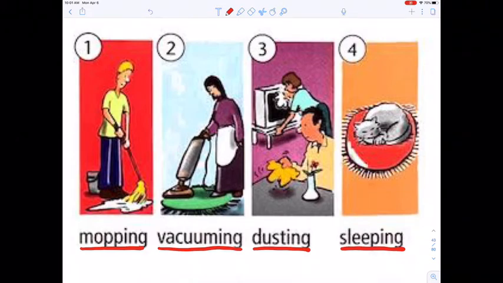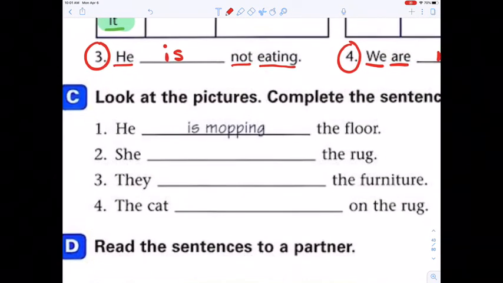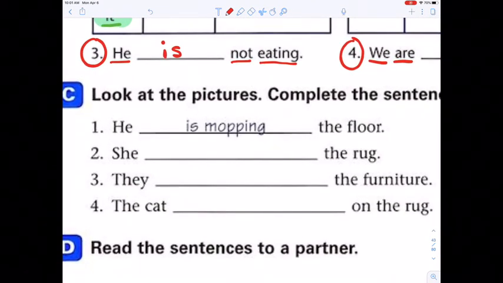Okay, now we have seen all 4 pictures. Let's take a look at the sentences. Number 1. He is mopping the floor.